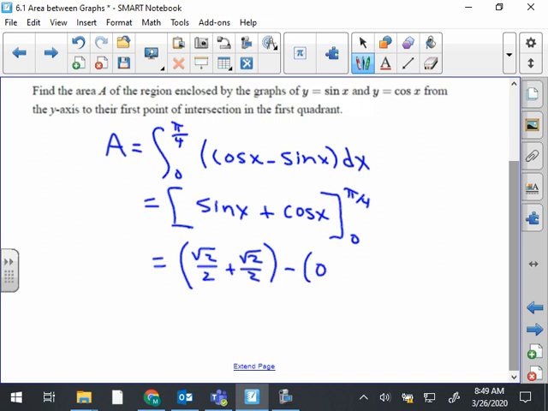And when I plug in 0 to cosine, I get 1. Okay, and now when we get here, we're going to actually get the square root of 2 minus 1. And remember, this is in square units. Hopefully that helps.